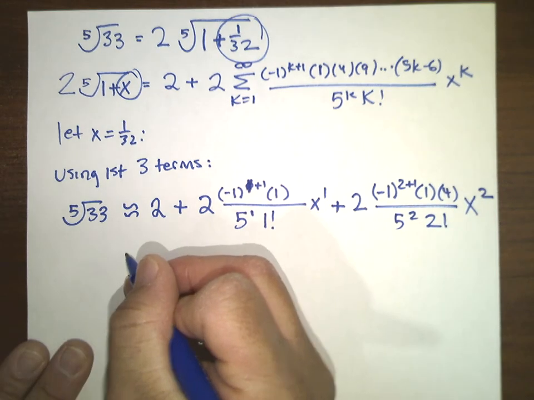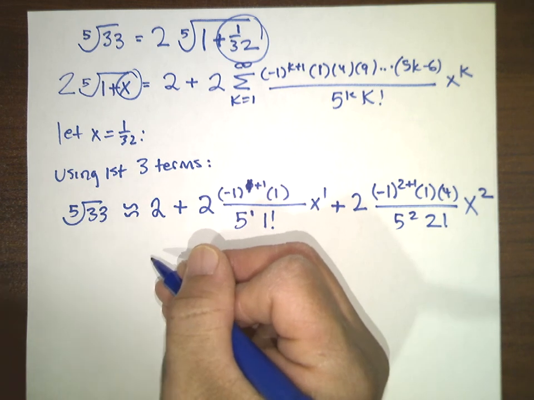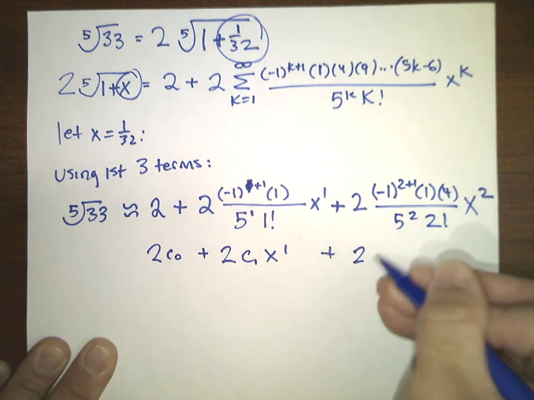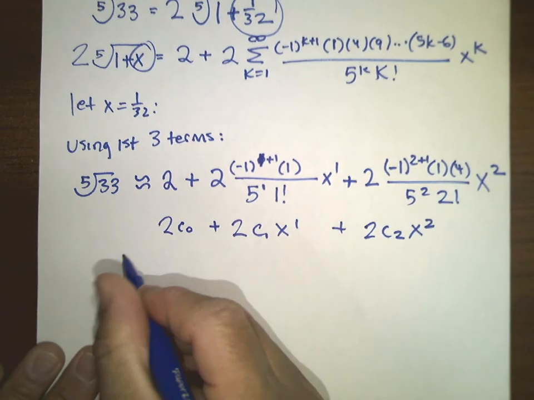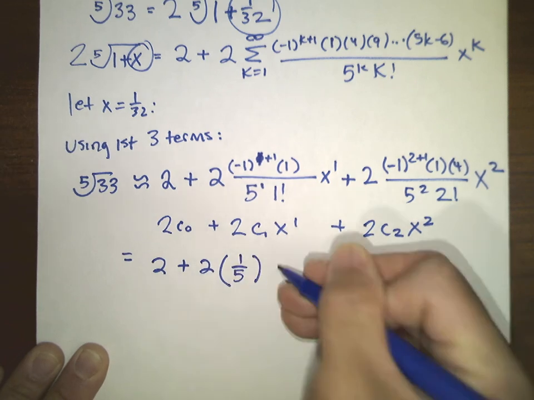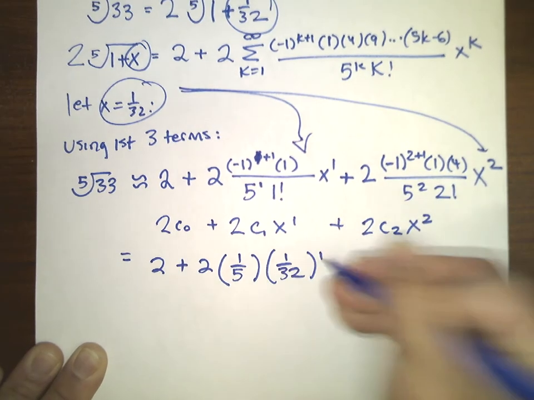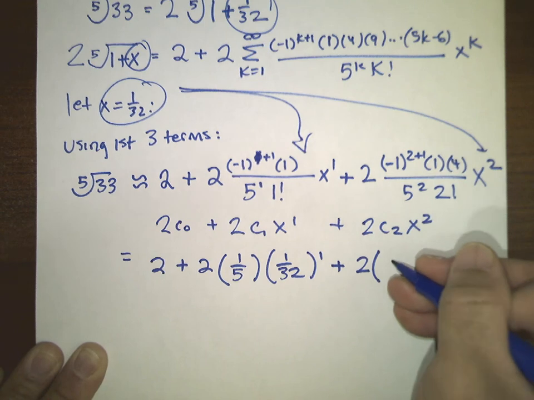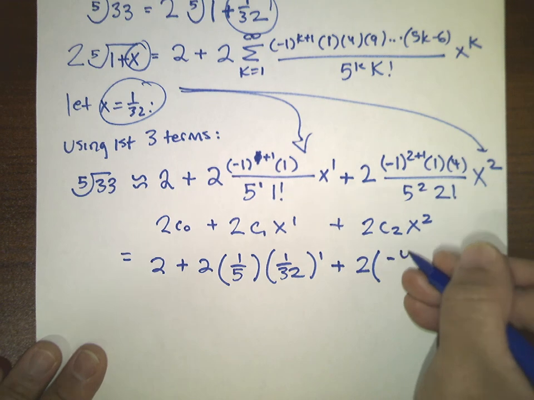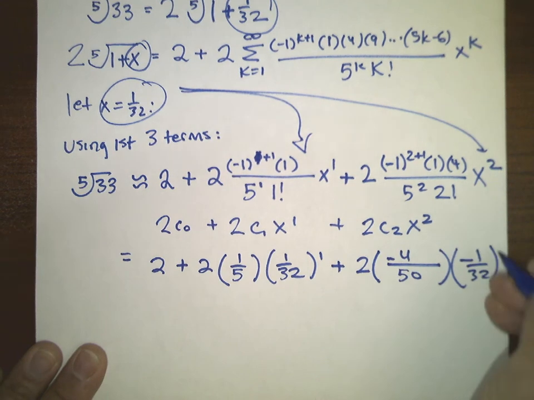So then this again is of the form 2c0 plus 2c1 x to the first plus 2c2 x to the second. So this will be 2 plus 2 times 1/5 times 1 over 32 to the first, plus 2 times negative 4 over 25 times 2, so negative 4 over 50, then times 1 over 32 to the second power.